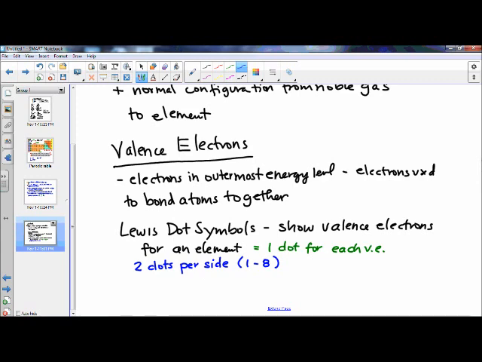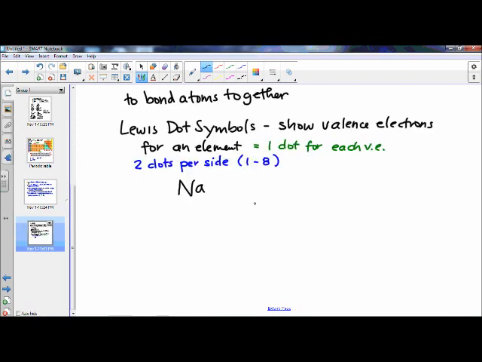So when I do a Lewis dot symbol, I write the symbol for the element. If I do sodium, that's in column number 1. I do 1 dot. Now I can do it on the top, the side, the bottom, but the point is it has 1 valence electron, so it has 1 dot. The next family is the alkaline earth metal family.